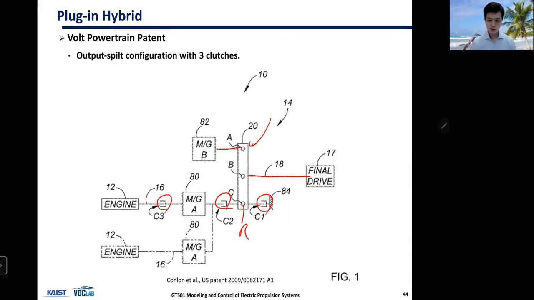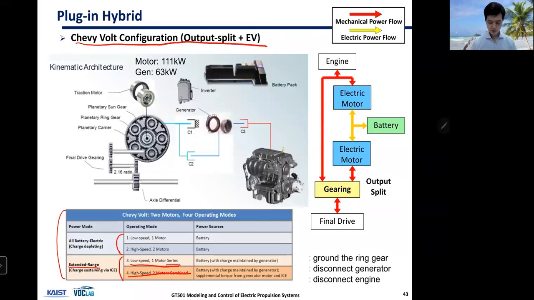And by doing that, you can generate different architectures. So that's how you can get these 4 modes, 2 EV modes and 2 hybrid modes. Okay.